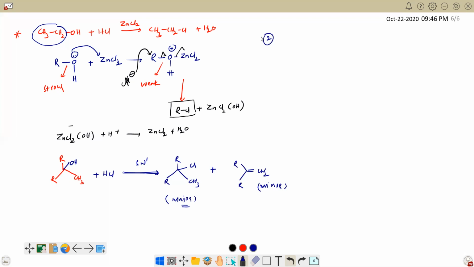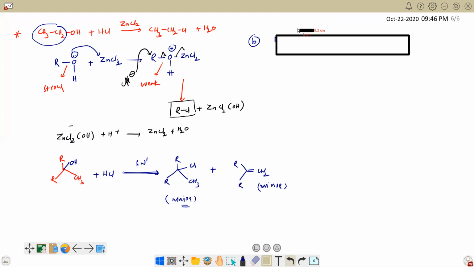What is the second type? You write in this case B, otherwise take B, SOCl2. Now with SOCl2, two cases we can take.